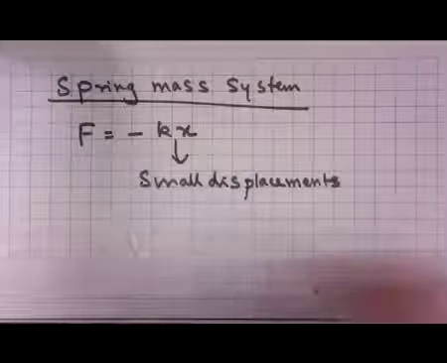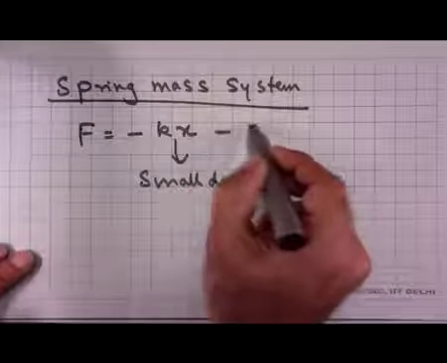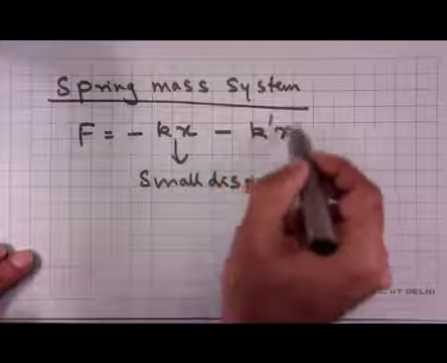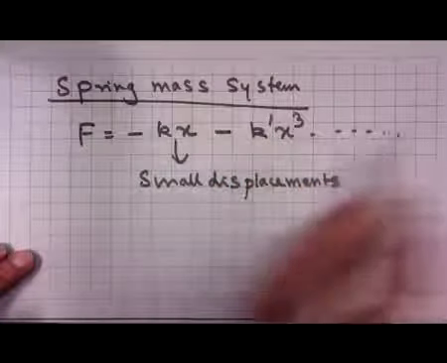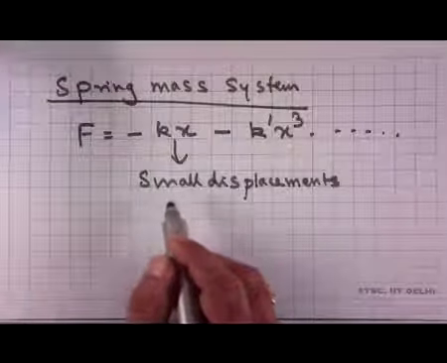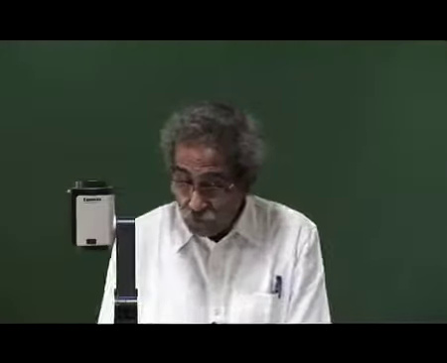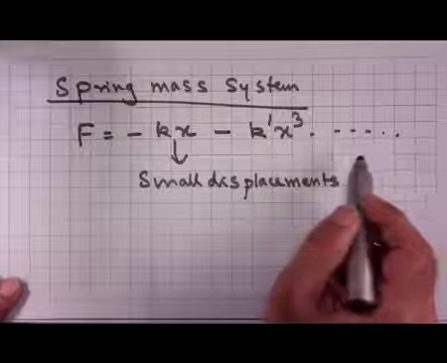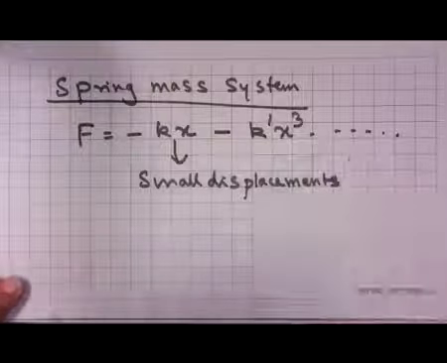So if I stretch the spring a little bit more, it can pick up a term like minus k prime x cubed, etc., etc., etc. So in other words, depending on what kind of a displacement I give, the force law keeps on changing. So that is why it is not a fundamental force.